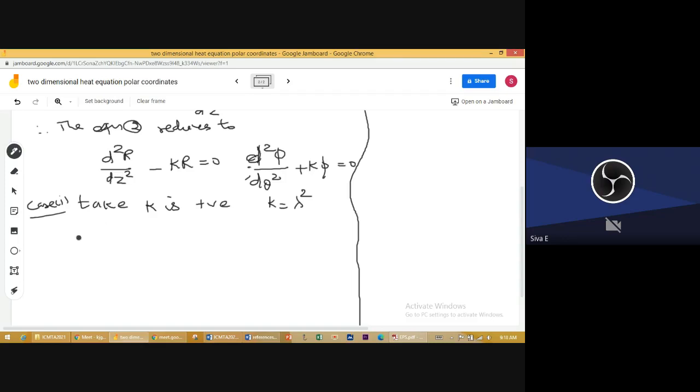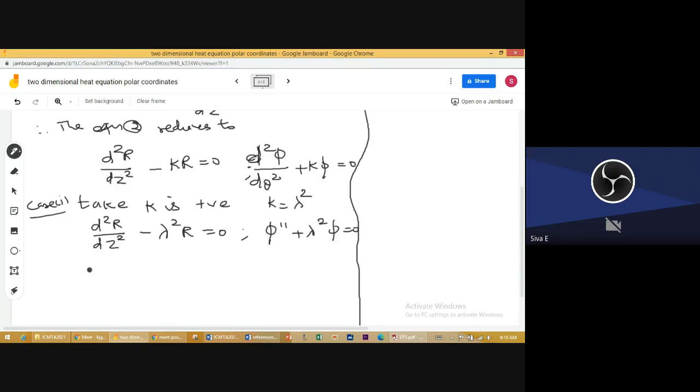Therefore, this equation becomes d square r by dz square minus lambda square r equal to 0, and then phi double dash plus lambda square phi equal to 0.